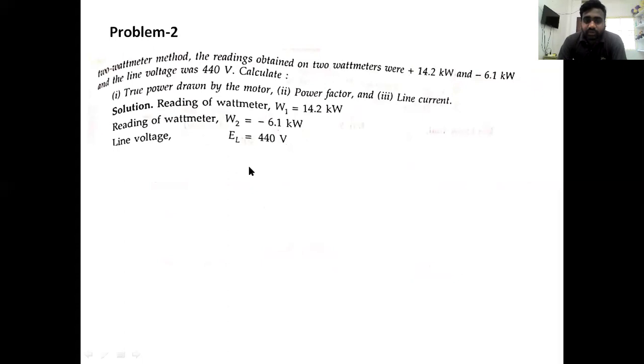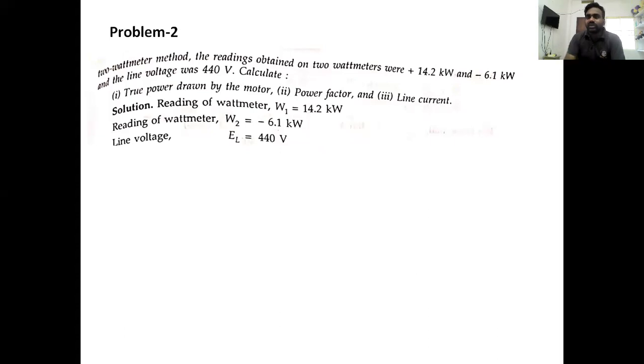Okay, and the line voltage is around 440 volts. We need to calculate the true power drawn by the motor, the power factor, and the line current.